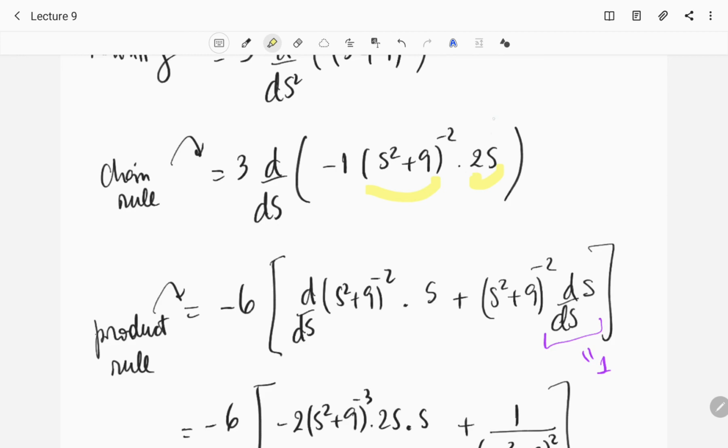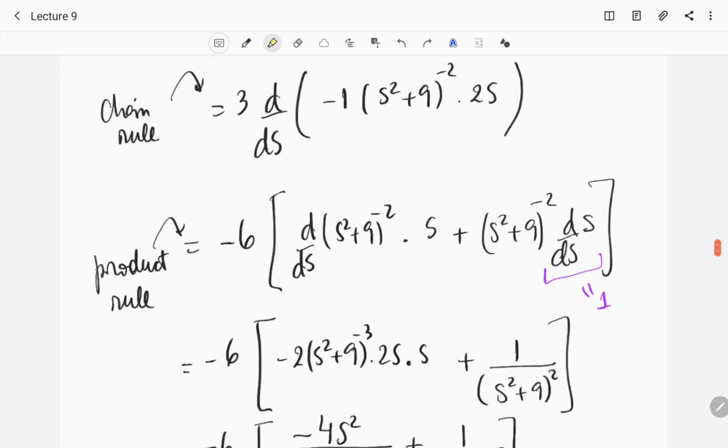One first step that we did before the product rule is this minus 2 here went out of the differentiation, so that's why now we have a minus 6 here. And then we use the product rule, the derivative of this piece times this one without derivative, and so on, right?